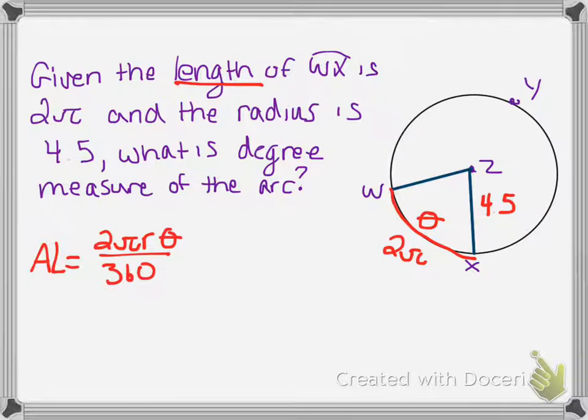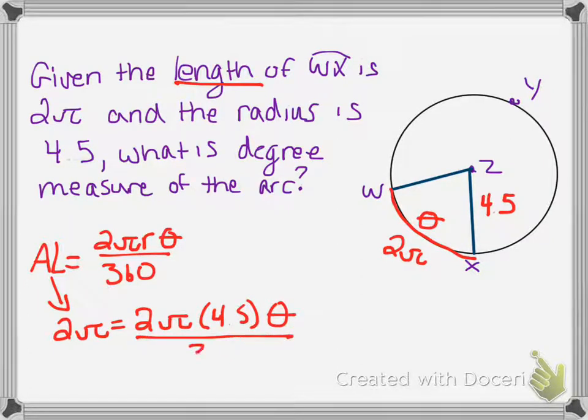Now we're going to plug in everything that we know. Our arc length is going to be 2 pi. Then we've got the 2 and pi, and r is 4.5. Theta is what we're looking for this time, so we just put theta in there, divided by 360, and now it's time to do some basic algebra.